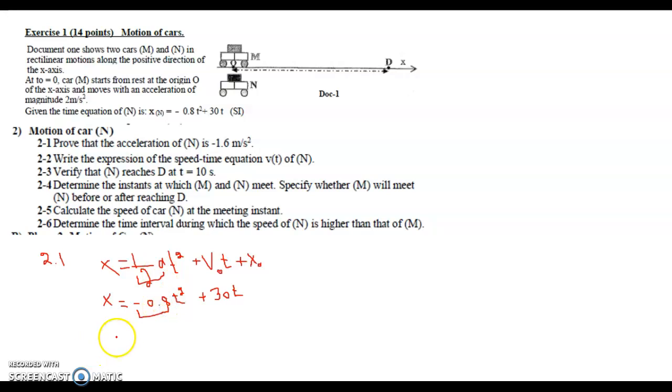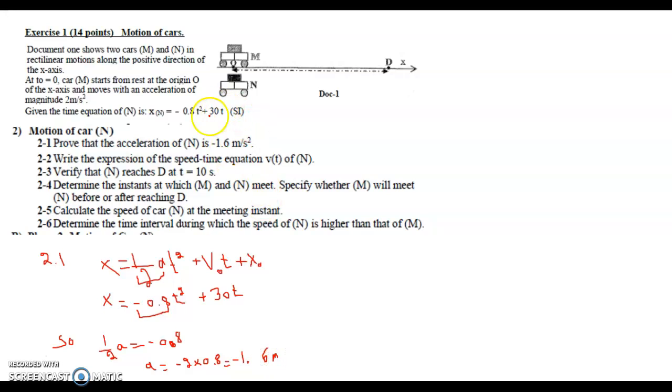So equating them, half a equals minus 0.8, then a is equal to minus 2 times 0.8, which is equal to minus 1.6 meters per second squared.